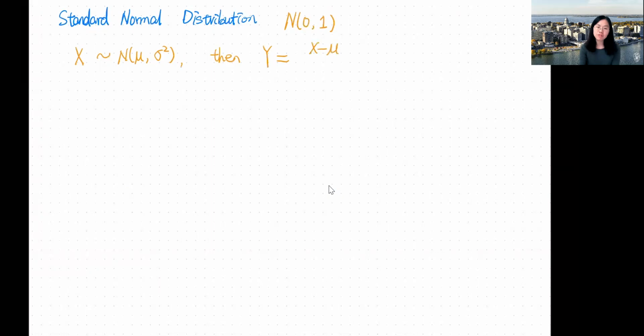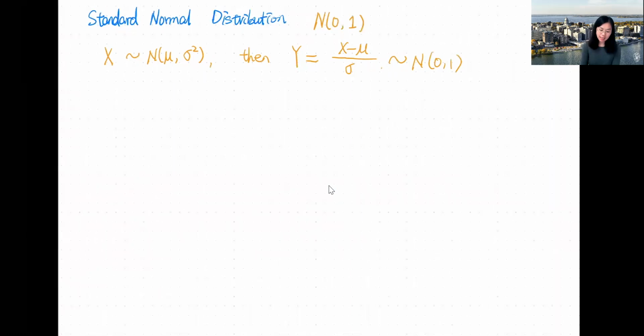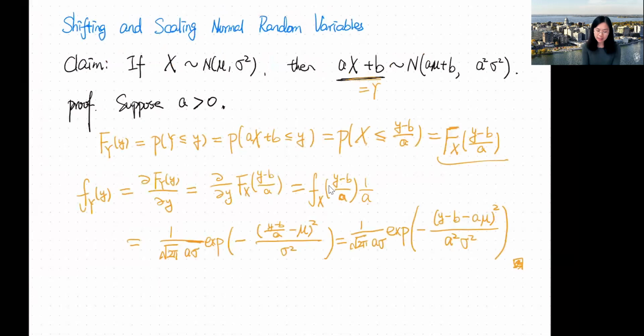So we shift x to the left by mu units and then scale by 1 over sigma. Then this y random variable follows standard normal distribution. Why so? Because this is shifting and scaling. So y is obtained by shifting and scaling x, and we know shifting and scaling x will still give you a normal random variable, with the parameter given by this.